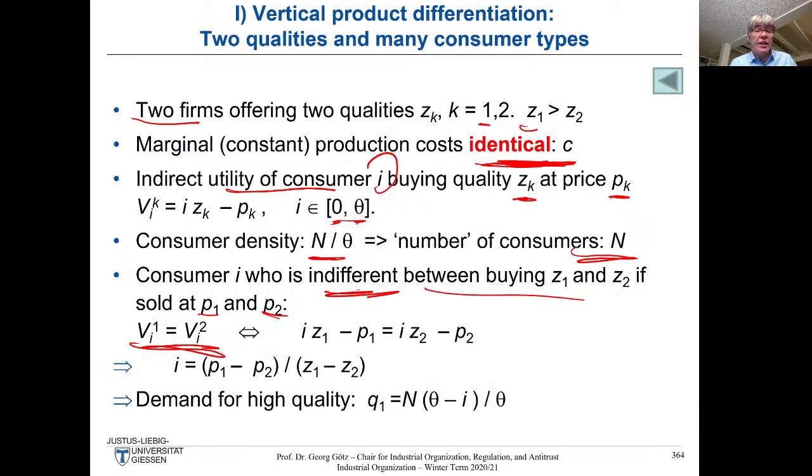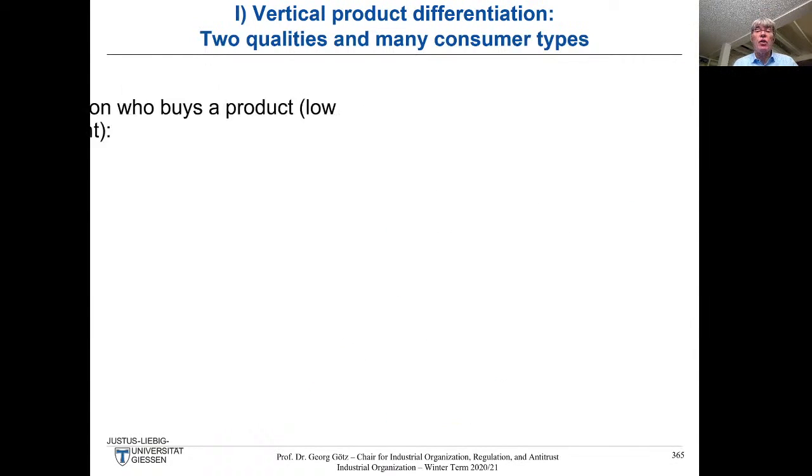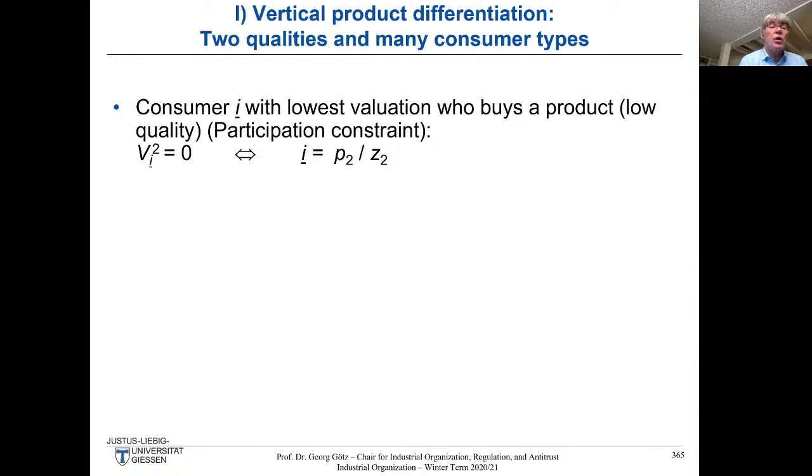So what you get is the indifferent consumer; everyone between theta and i then buys from this firm, and the demand for the high quality will be q1, as I told you, n times theta minus i divided by theta. Remember, this n over theta was nothing else than our density. And we know how many consumers buy.